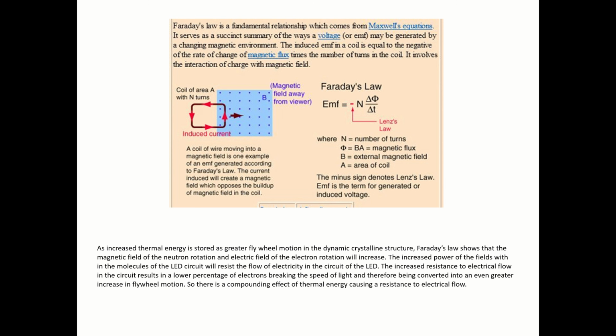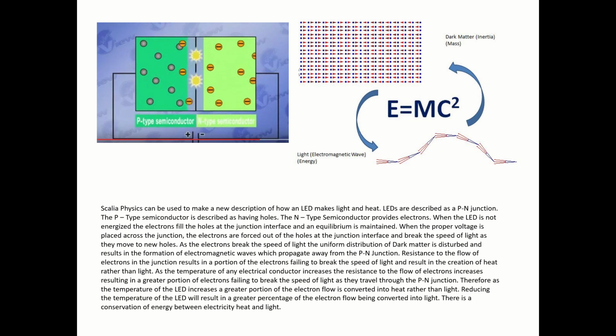And what we have here, when we look at magnetic and electrical things moving around, Faraday's law says that the faster they move, the greater the resistance to flow. And this is how we begin to explain how LEDs can change the percentage of light and heat that they produce.